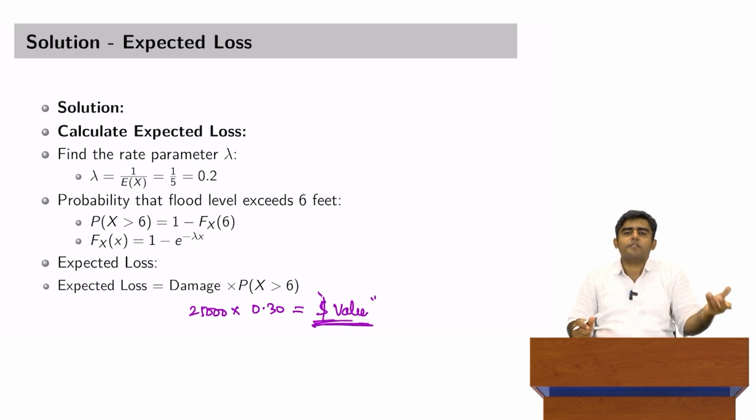A classic example is vehicle insurance or car insurance. For example, a typical car may cost 15 lakh rupees. However, we end up paying 10 to 15,000 rupees per year as an insurance premium.